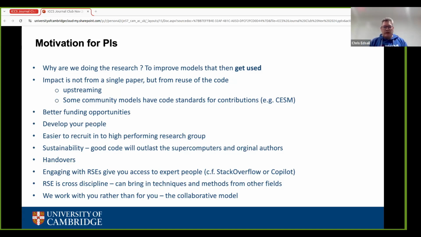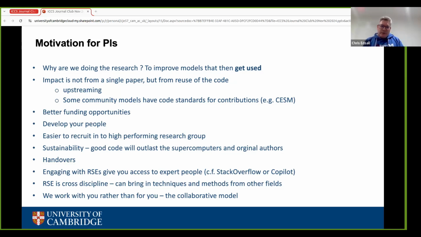Doing good software engineering helps develop your people. So they will in turn become PIs, or work package leads and PIs of their own groups. It's easier to recruit if your research group is known as producing good quality research and good quality code.